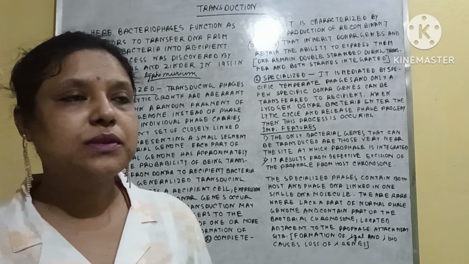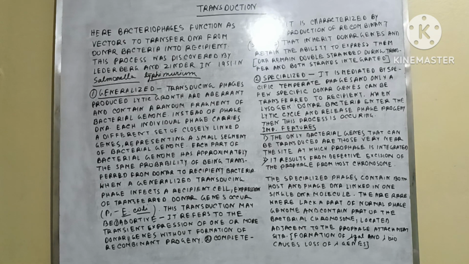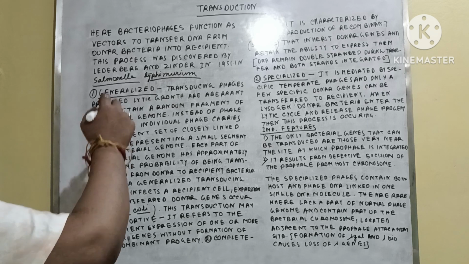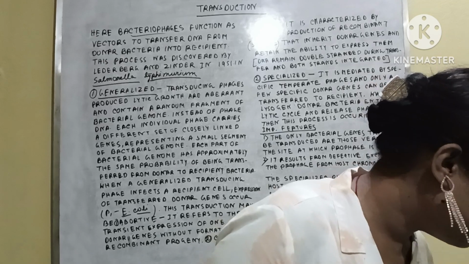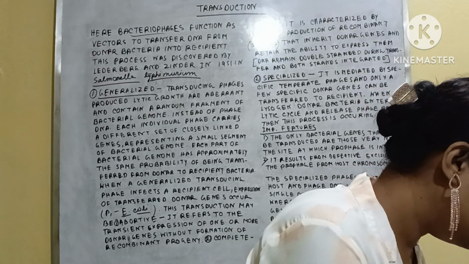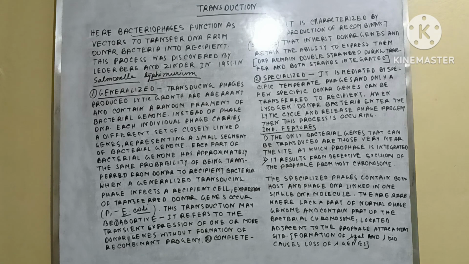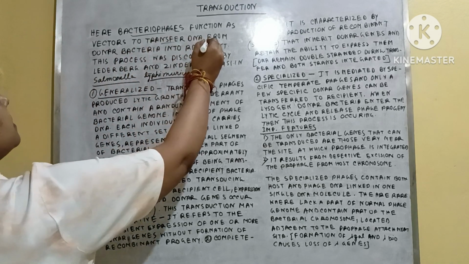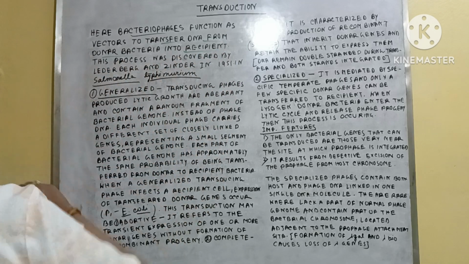Okay, so in the transduction process, the bacteriophage functions as the vector. The bacteriophage functions as the vector to transfer the DNA from the donor bacteria into the recipient.